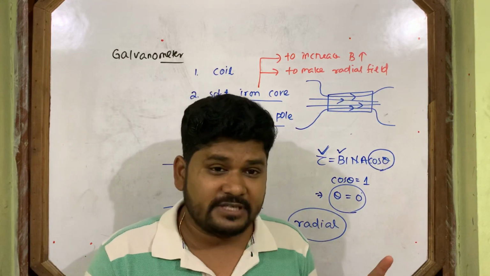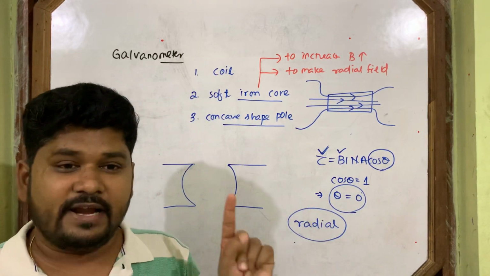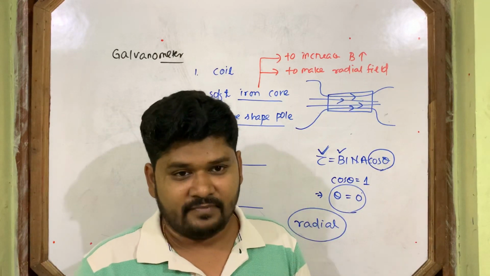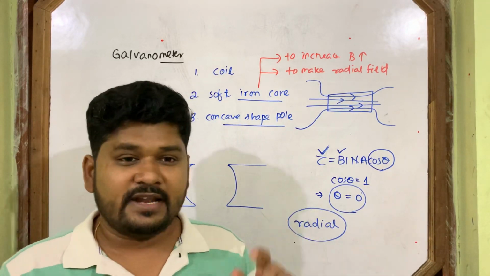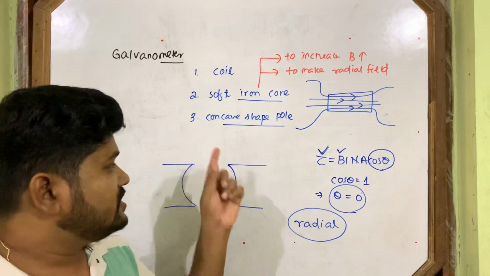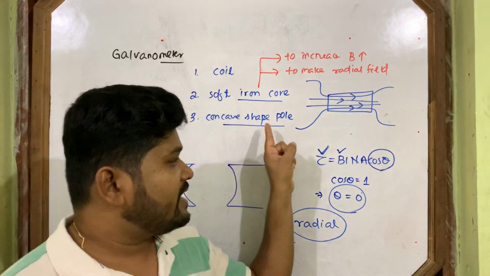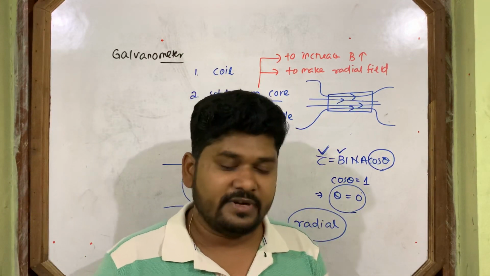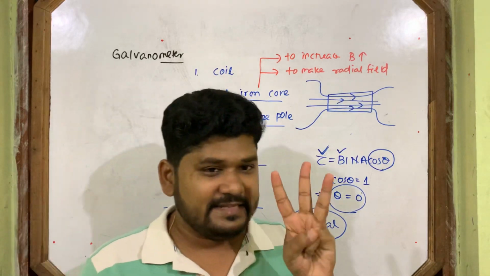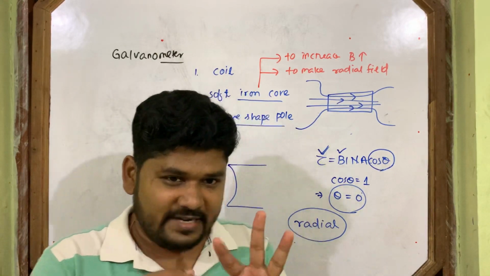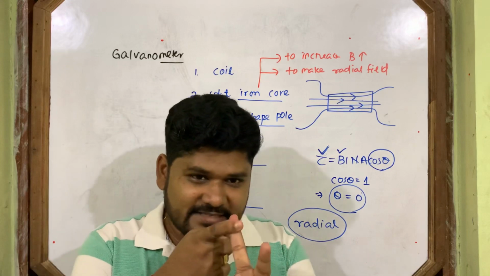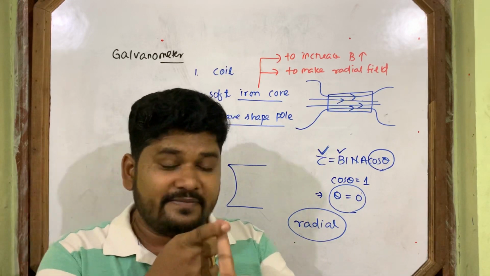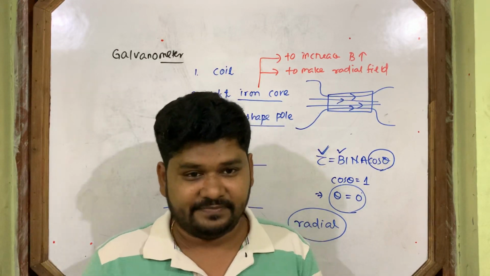To get maximum torque. How will we achieve the radial magnetic field? With the help of the soft iron core and concave shaped pole pieces. Three things I told you: what a radial field is, its advantage, and how it can be achieved.